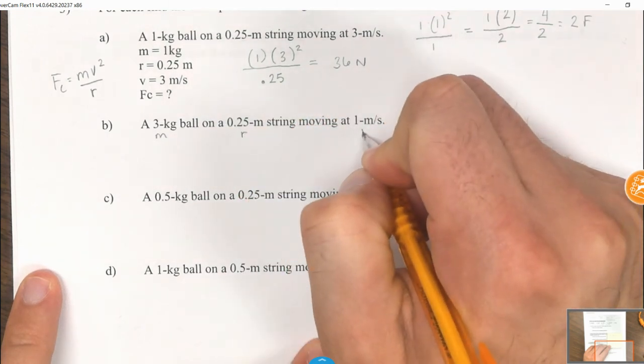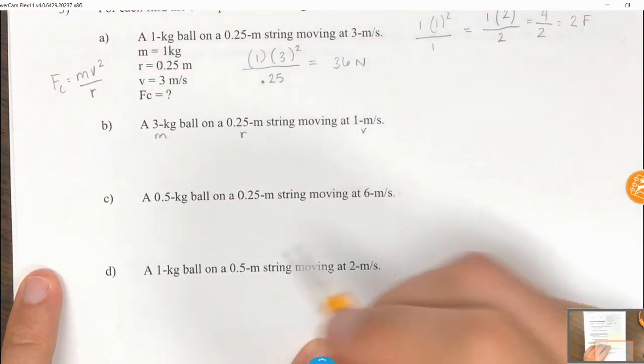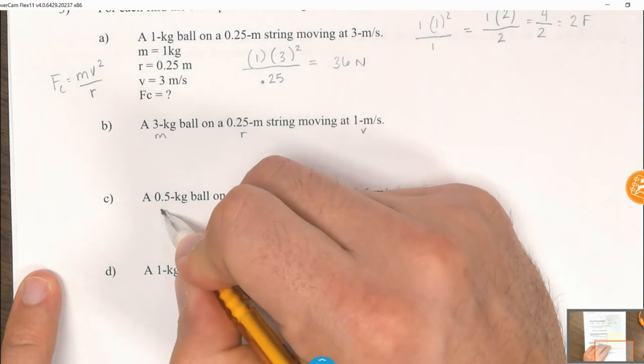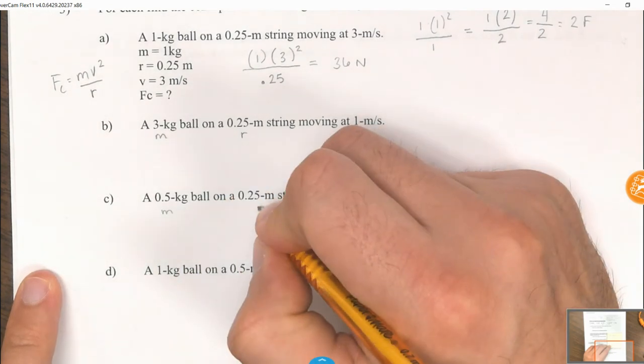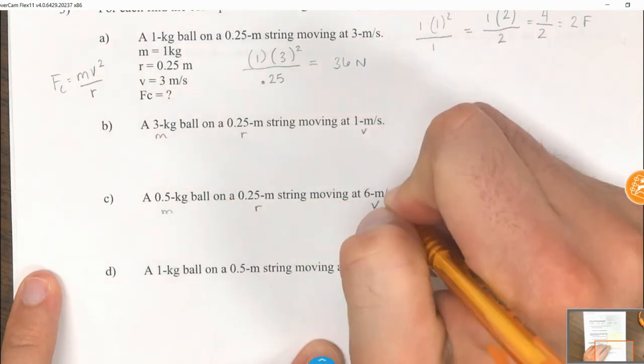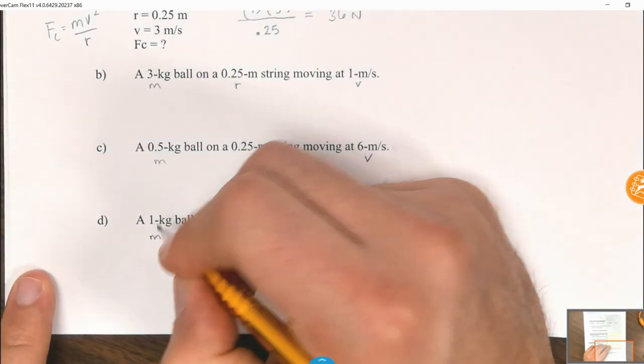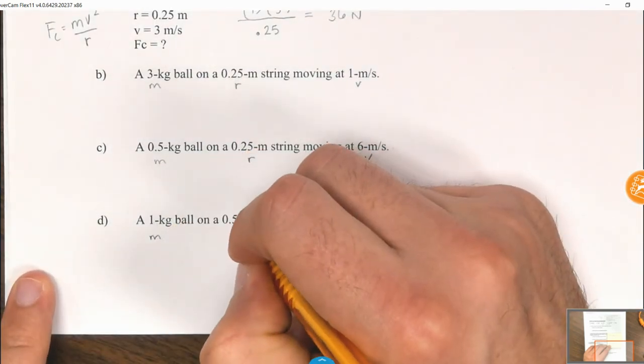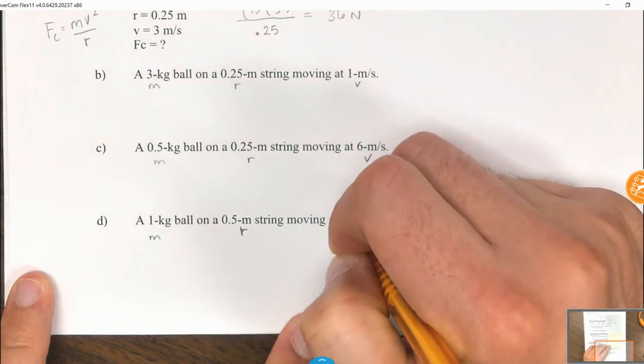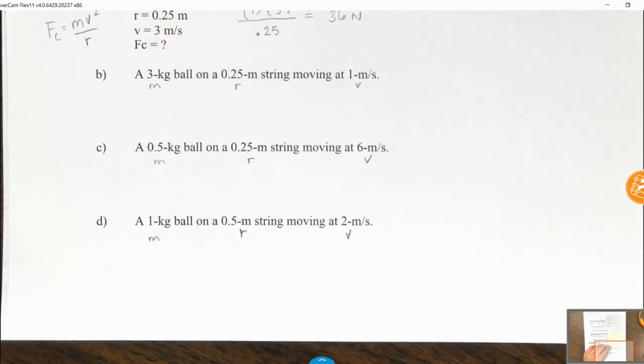And this meters per second is velocity. So you guys are going to wind up going through and solving those guys there.